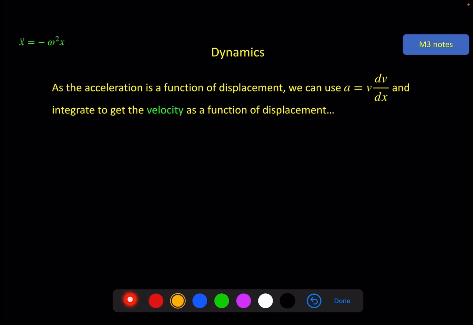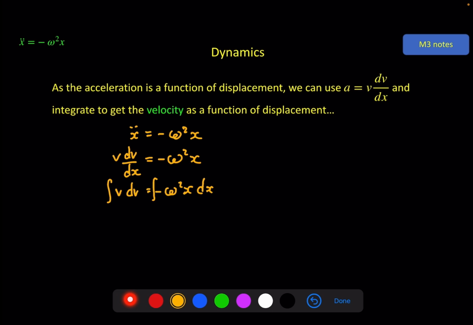So if we change x double dot into v dv by dx, now we separate the variables, v dv and minus omega squared x dx, and integrate both sides. v squared over 2 is equal to minus omega squared, because that's just a constant, x squared over 2 plus c.